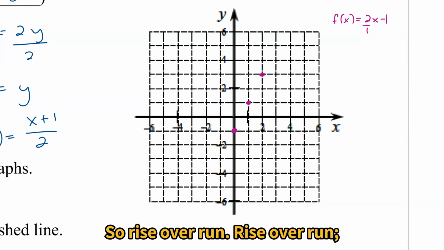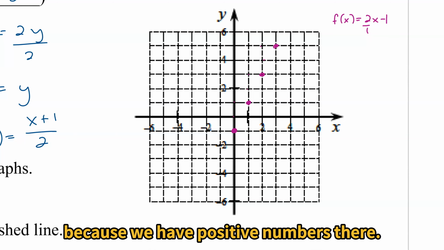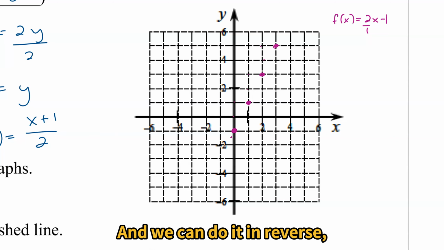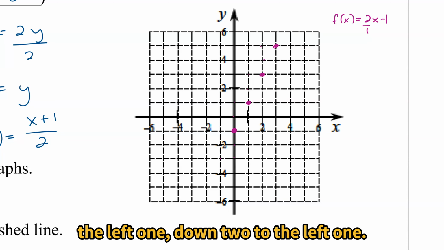We're going up 2 and to the right 1, and we can do it in reverse, but we have to do it negative, negative: down 2 to the left 1.